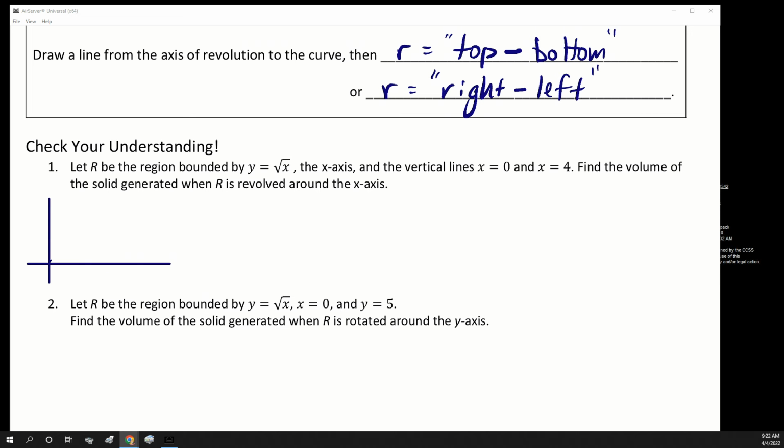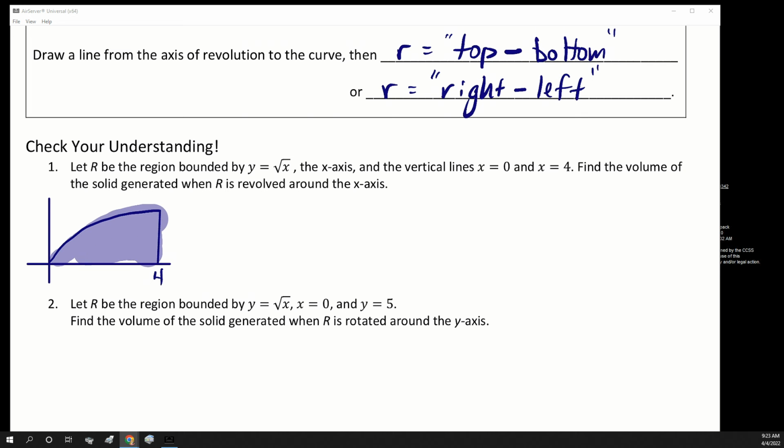So the square root of x is this graph right there. So it's bound by the x-axis, which we already have, the vertical line x equals 0, which is the y-axis, and the vertical line x equals 4, which is there. So here is our region.